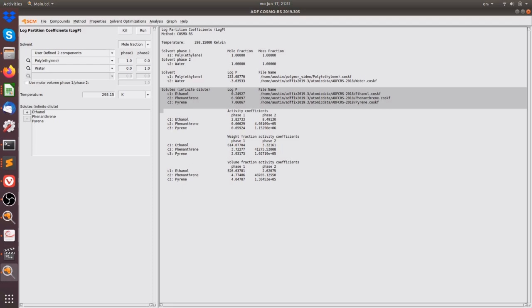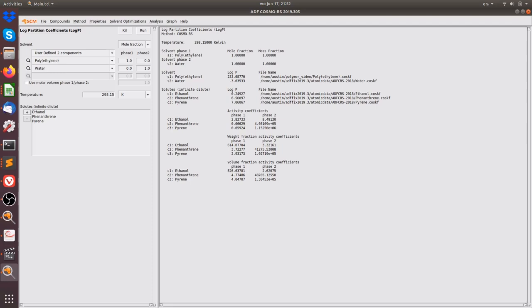So it's not really possible for these solutes to dissolve in them, and that in this case ends up resulting in a slightly overestimated log p-value. So more goes into the polyethylene phase than should, is what that means essentially. So that's something you have to keep an eye out for if your polymer has a certain fraction that's expected to crystallize. You do need to correct for that effect in many cases.